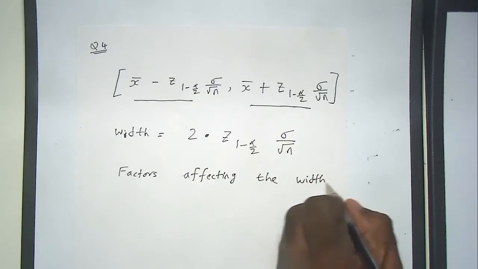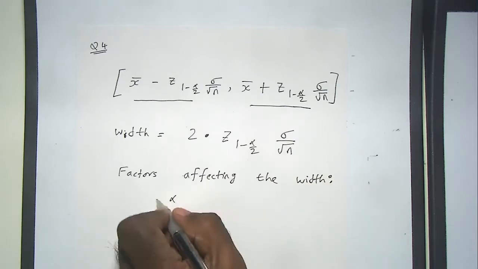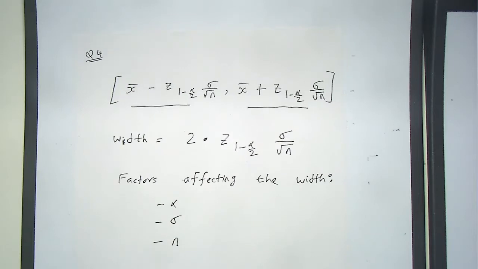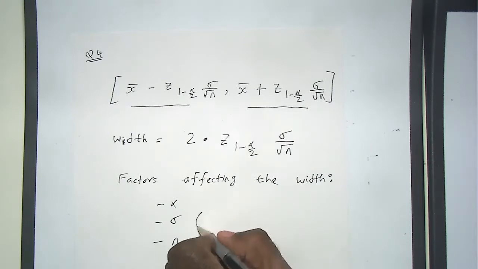the factors affecting the width: 1, alpha, 2, sigma, 3, n, right? Okay? So as sigma increases, the width will increase, right? Just give me a second, guys.